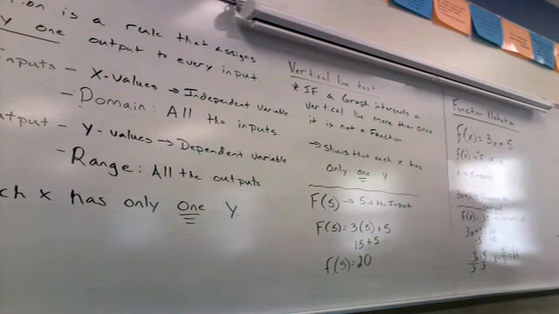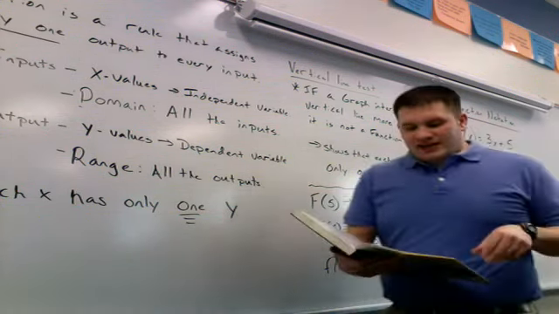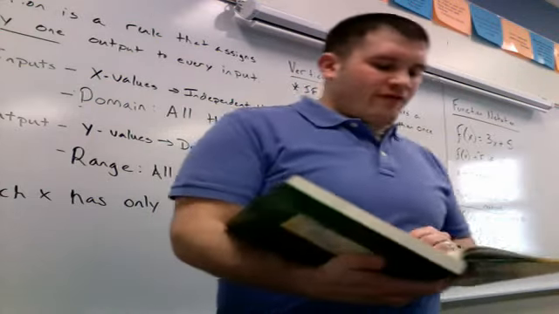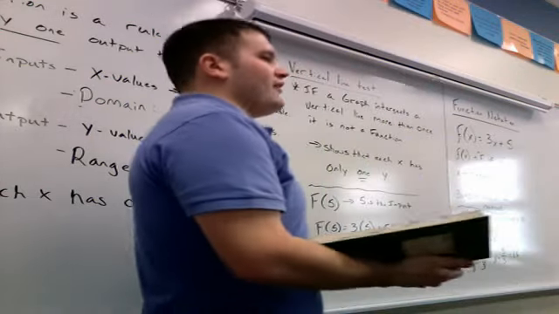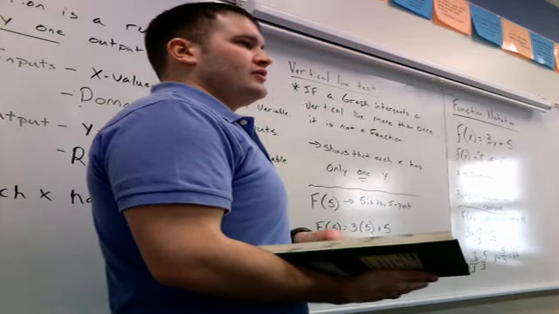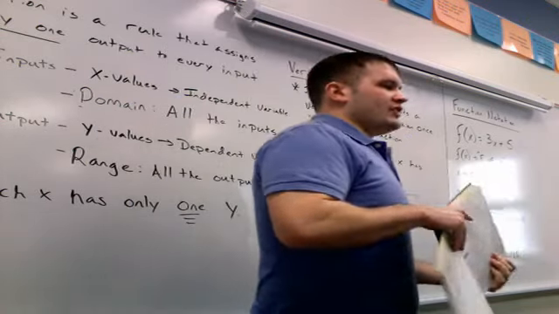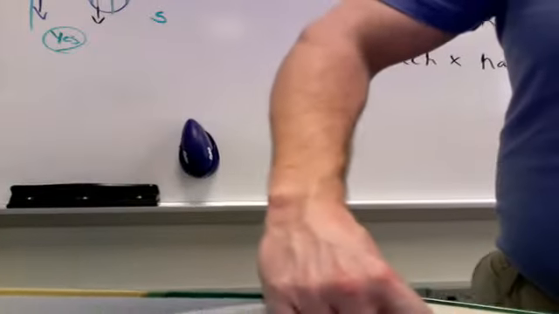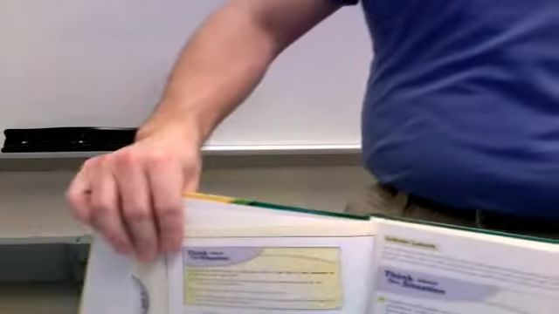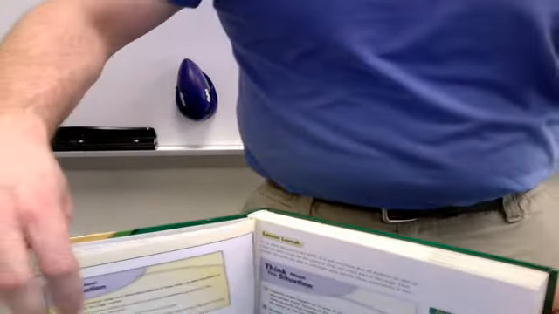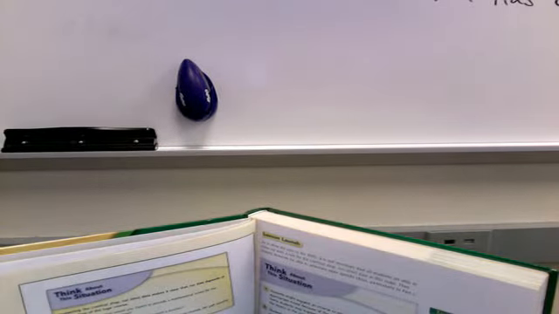For number 1a, it says, how is the fact that f of 50 equals 64 shown on the graph? How is that shown on the graph, guys? What's f of 50? 50 is the input, right? What's 64? Output, right?